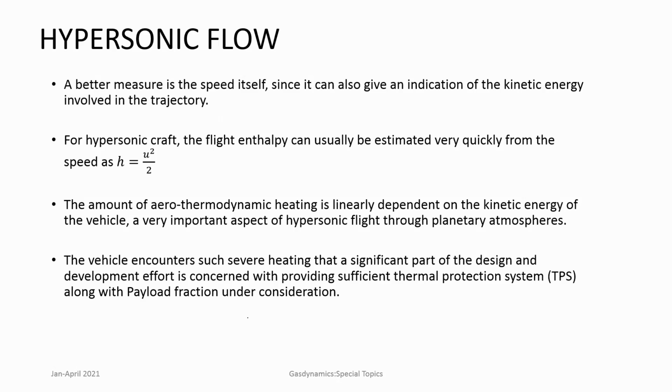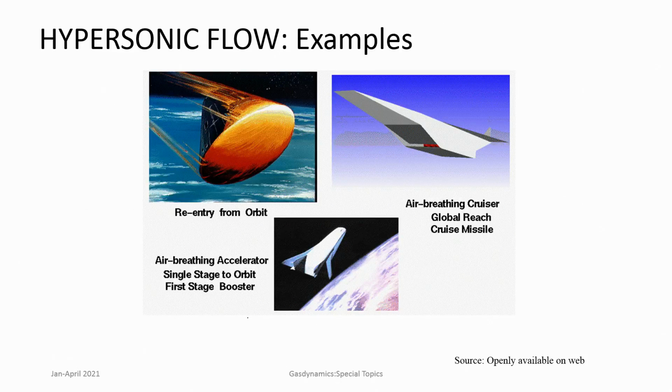In such hypersonic flow cases, we always have to protect the vehicle. The thermal protection system is important, and it plays a dominant role in deciding the weight of the vehicle, how much payload it can carry, and all such things. Examples of these are taken from what is available on websites or the open web.